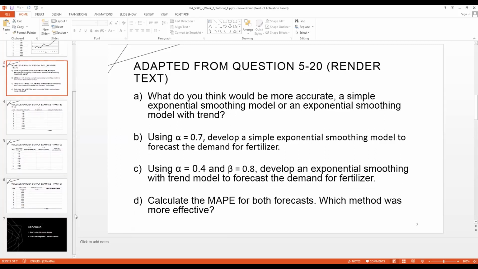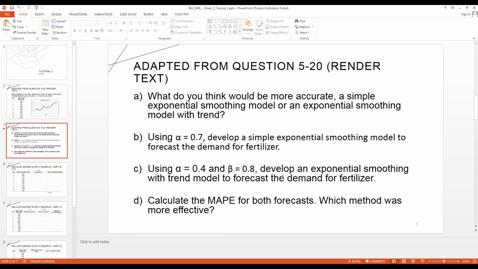After that, that's going to be the simple part. But then I'm going to show you some stuff with Solver so we can actually optimize these alphas and betas and see what we can do with that. Okay, but this is where we're going to start.